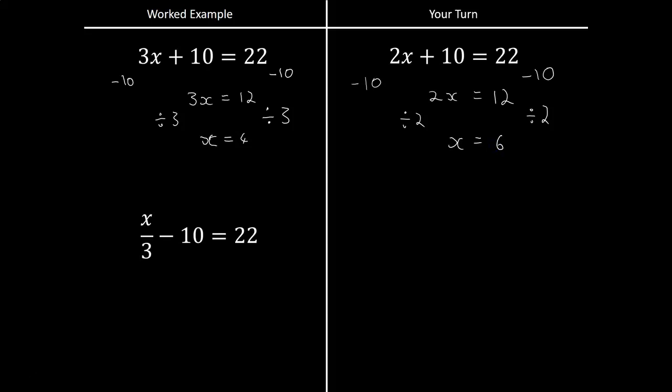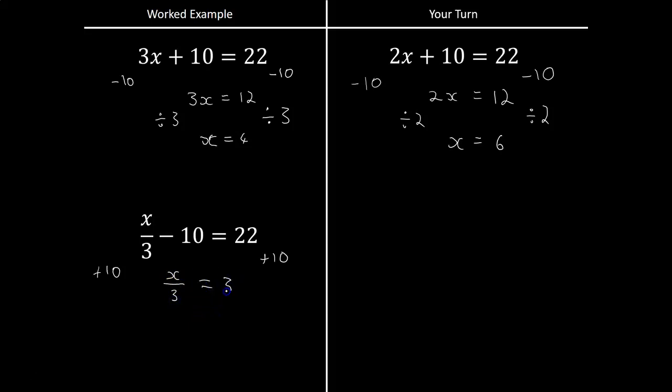Okay, next example. So the things that are happening here, I've got divided by 3 and subtract 10. I could choose to multiply everything by 3. I would have to remember to multiply this by 3 and this by 3, or I can choose to add 10. I'm going to choose to add 10 to both sides because that will make things easier. So on my left-hand side, I get x over 3.